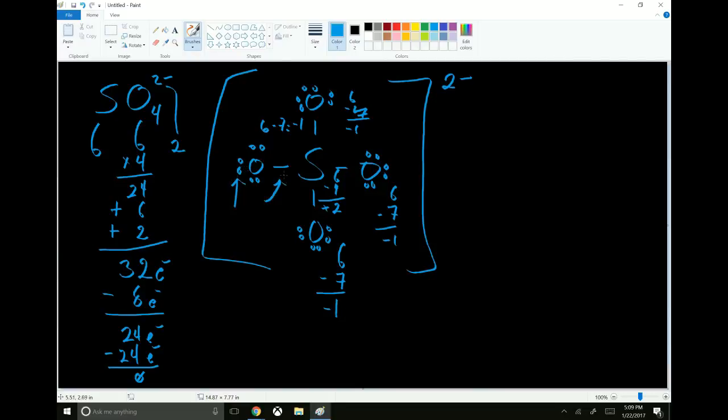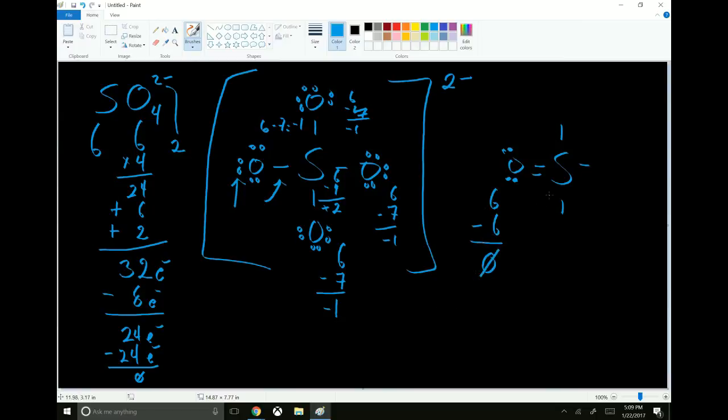And every time you do that, this is what happens. So sulfur and oxygen. Now this oxygen has 6, 2, 4, 5, 6 minus 6 equals 0.